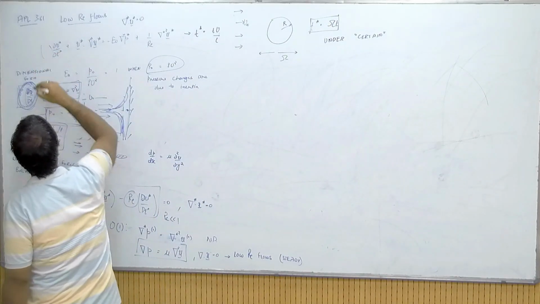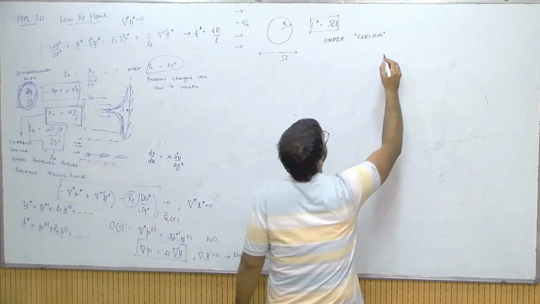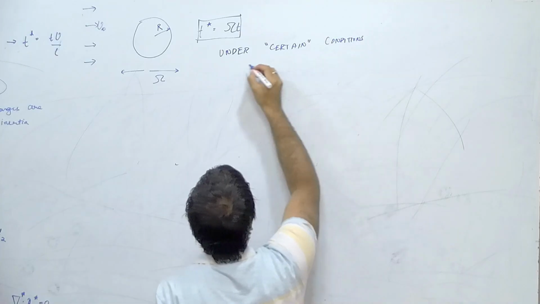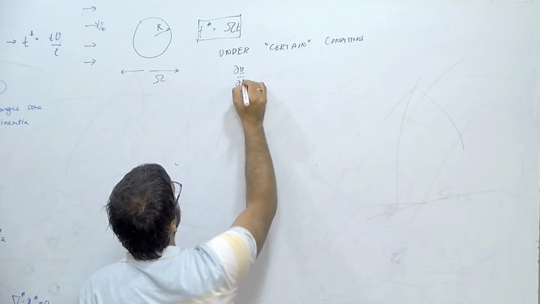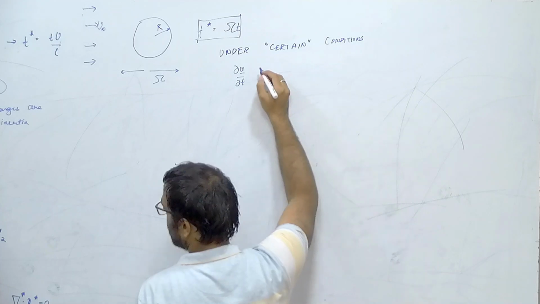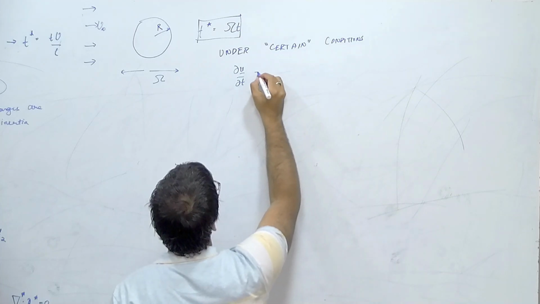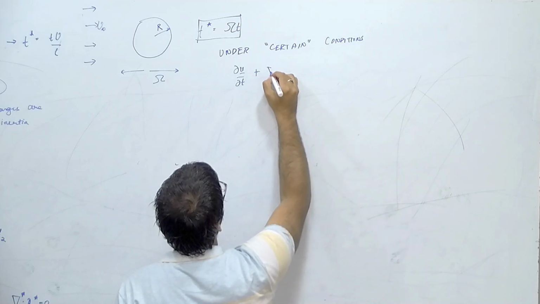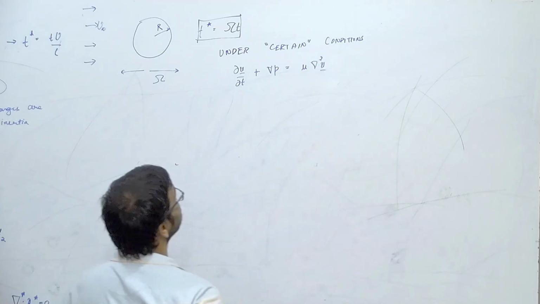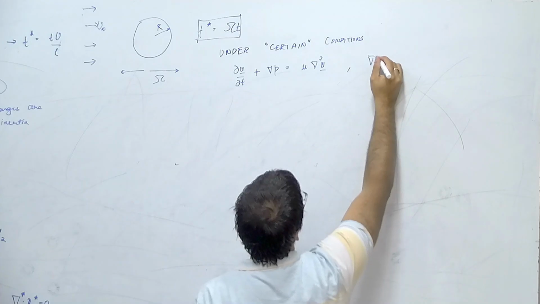There will be an additional non-dimensional number there, and under certain conditions on that number, you will see that the equation for this kind of flow in the low Reynolds number regime is this, with del dot u equals 0.